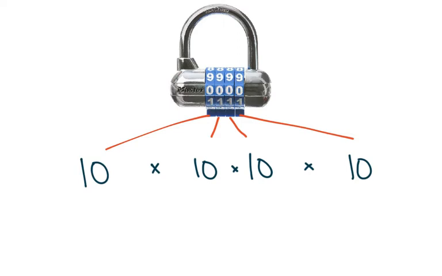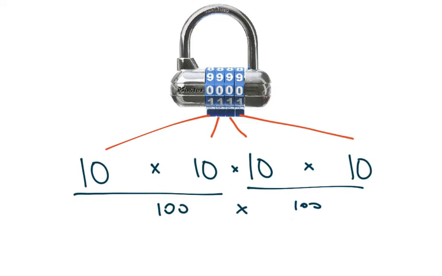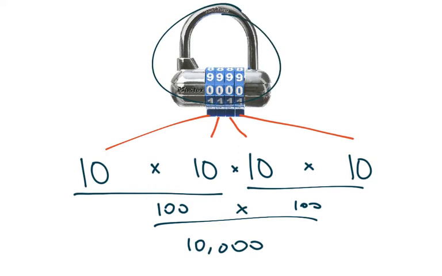Because it's 10s, we can probably do this math in our head. 10 times 10 is 100, and 10 times 10, like I said, is 100. So you do 100 times 100, and you can see that there are 10,000 possible combinations for this lock. So you have a 1 in 10,000 shot every time that you try to break into this lock. If someone's going to break into this, there are potentially 10,000 combinations they would have to try before they could get your combination.